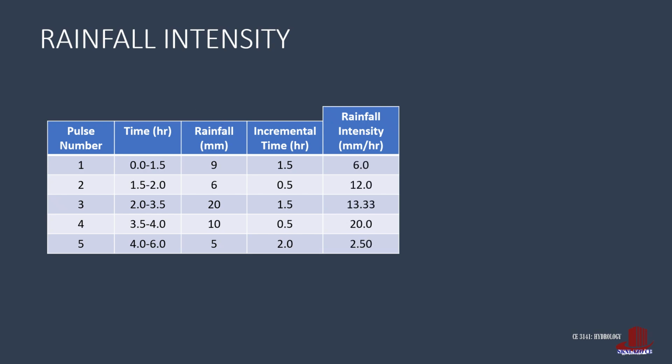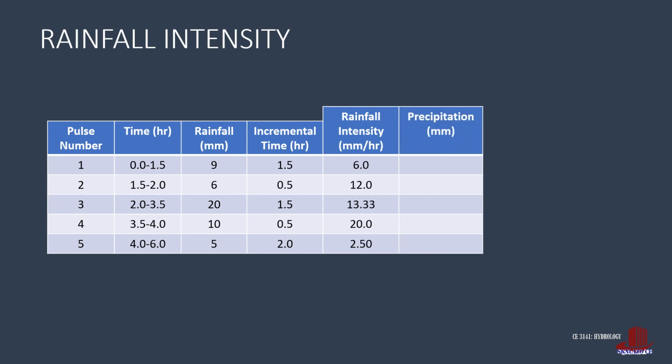The next thing to do is to take the area of each bar in the hyetograph. But to save time, we only work with the table. We are not to plot the graph anymore. The area of hyetograph is the precipitation or rainfall. This is the incremental time times the rainfall intensity.